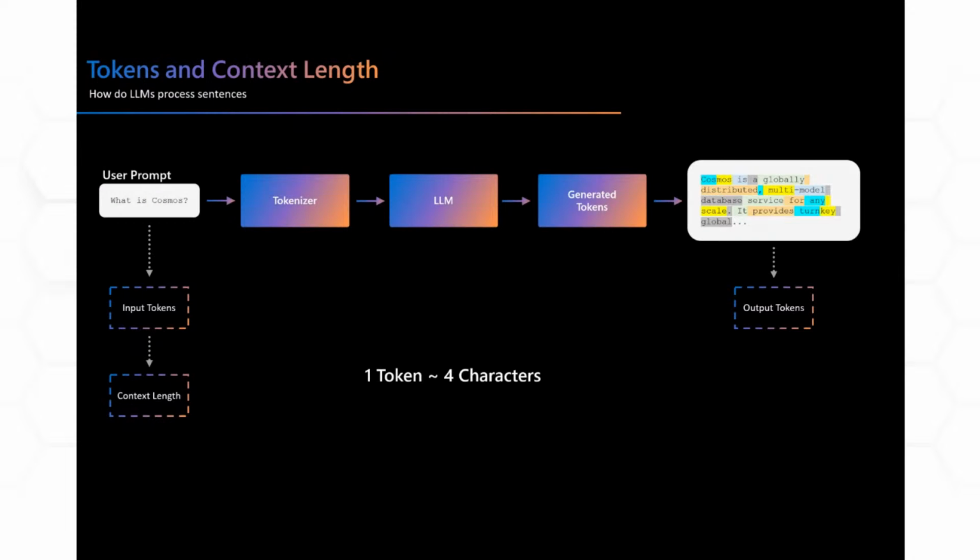For those of you that don't know, the way LLMs work is by taking a prompt, running it through a tokenizer, getting tokens out of your prompt, sending these tokens to the LLM, and then generating tokens out.